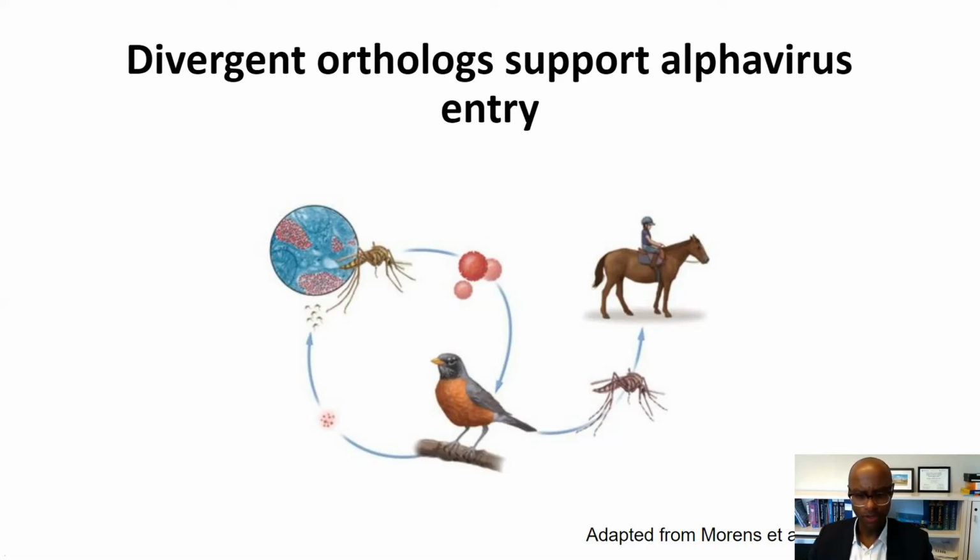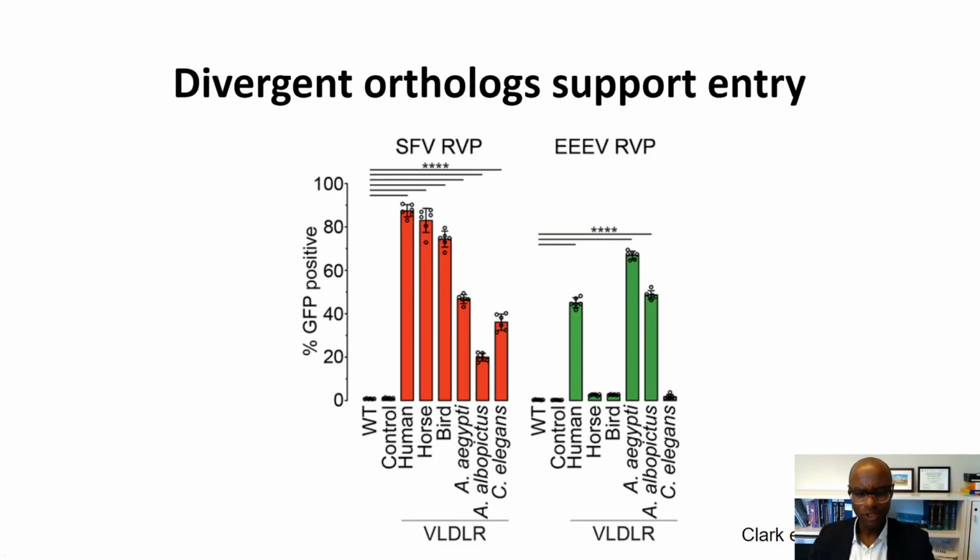And so the graduate student in the lab, Lars Clark, had the idea of cloning out VLDLR and ApoE2 orthologs from multiple species to test the hypothesis that even in these divergent organisms, these molecules could be playing a role as evolutionarily conserved receptors for alphaviruses, allowing them to infect a wide range of different species. Here I'm showing you examples of experiments we did with Semliki Forest virus RVPs and Eastern equine encephalitis RVPs in red and green respectively.